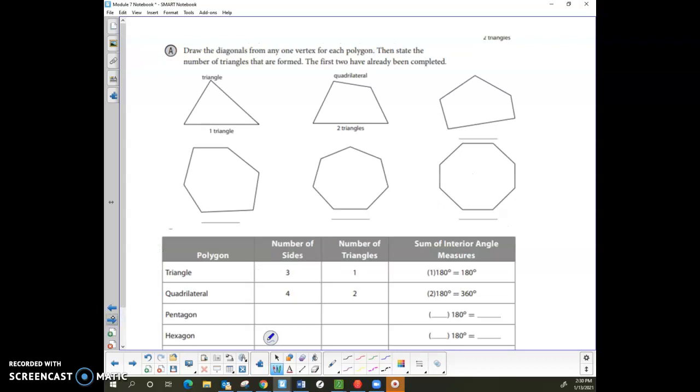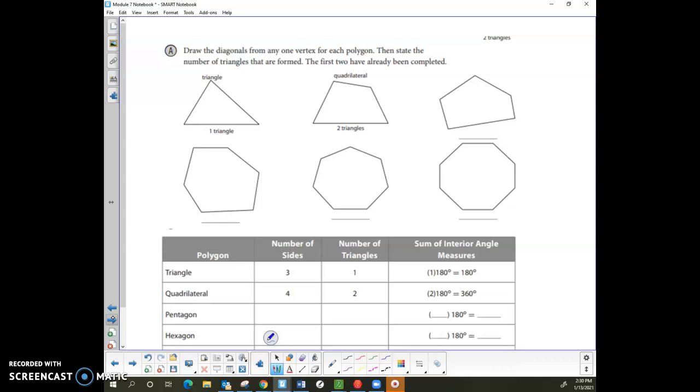All right, so we can take this triangle sum theorem and apply it to different polygons. A polygon is just something bigger than a triangle. A triangle is a polygon also. So it's just a generic term for a two-dimensional shape. What we're going to do with these shapes is draw triangles and see how many triangles are in each shape and see if we can figure out the pattern.